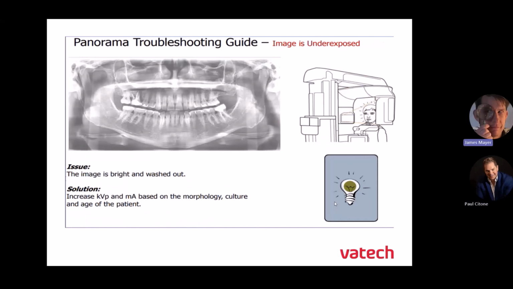Right. And take us through a brief overview of an image that's too light or too dark, underexposed, overexposed. What has happened if we see that? So when you see an image like that, a lot of times if it's too light, we're underexposing it. And if it's too dark, we're overexposing it.